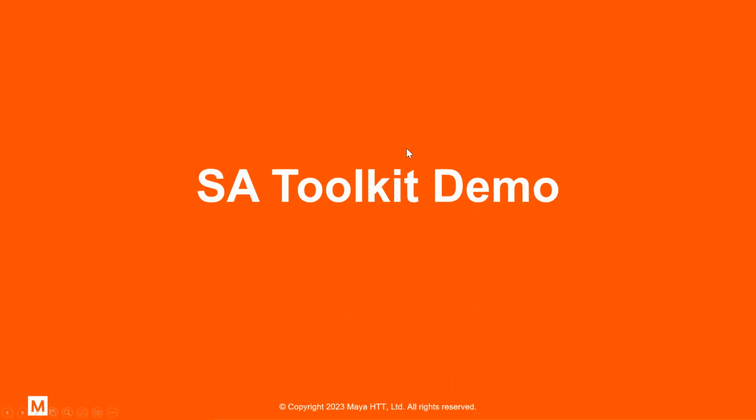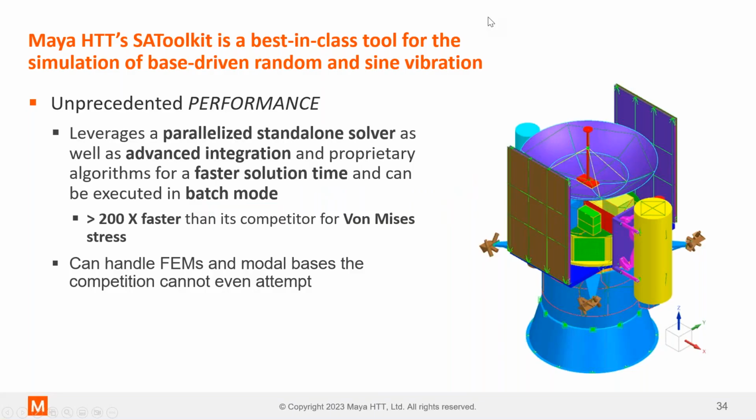So if we go back to here, just to close, Assay Toolkit is a best-in-class tool for simulation of base-driven random and sine-sweep analysis. If you're doing any design that requires random and sine, or any sort of random and sine testing that you need to do analysis for, this tool is going to do it faster than anything else.